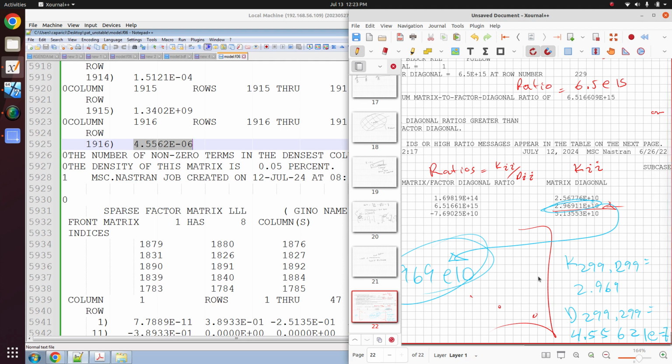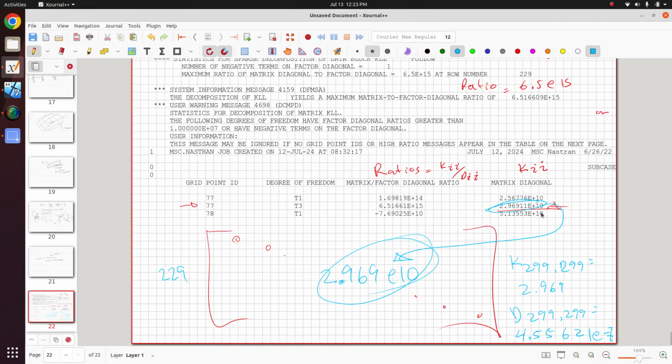And here I counted the wrong number of decimal points. So let me fix this. Let me make that -6, not -7. So here at the bottom right, we expected the diagonal term to be 4.55 times 10 to the -6.